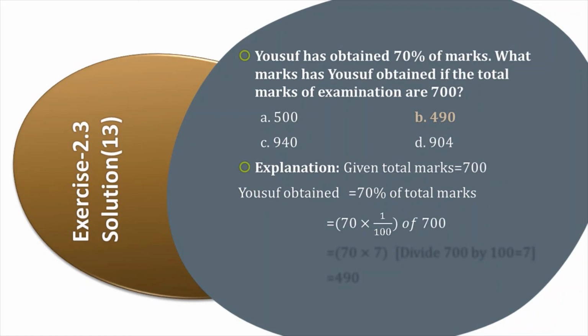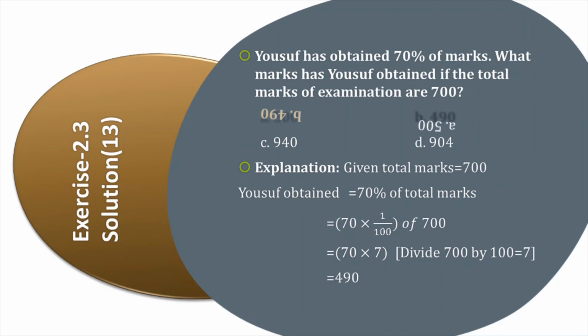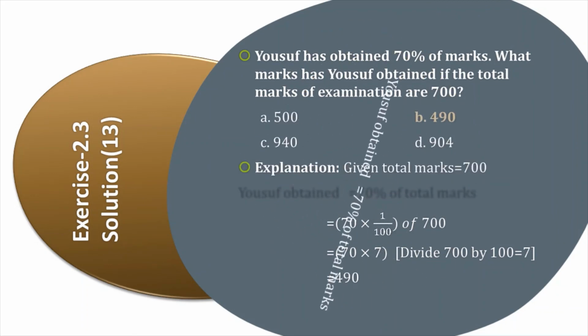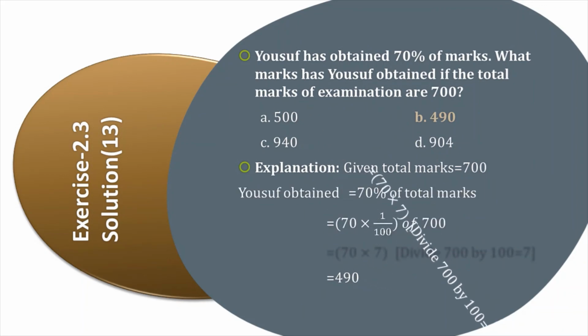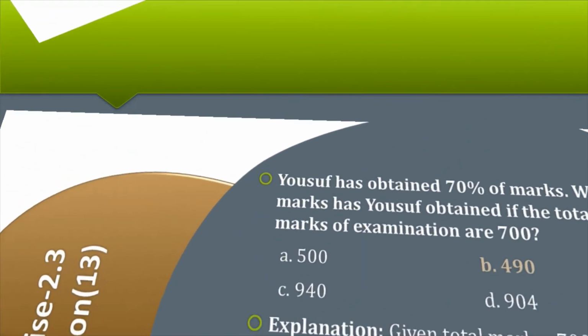So 70 multiplied by 1 divided by 100, instead of percentage we can write. If we reduce, 700 divided by 100, we get 7. So 70 multiplied by 7 is 490. That is our desired answer. So my dear students, this is question 13, and the answer will be 490. From the explanation, you can understand how we get this 490.